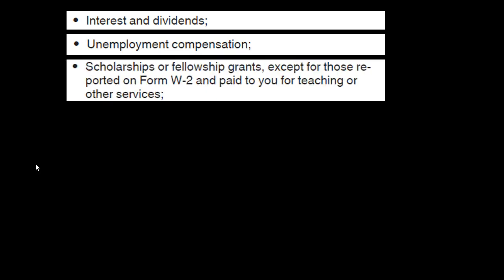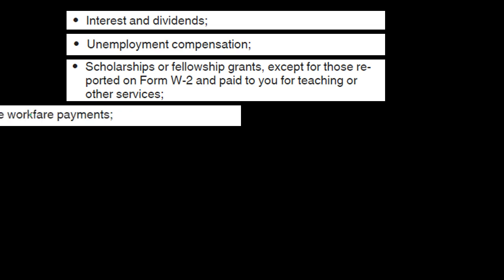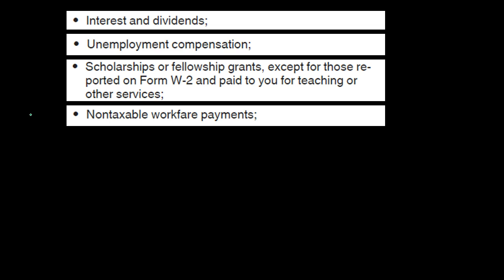Interest and dividends, so like the passive income, not included, because it's not earned income, it's passive. Unemployment compensation, so not included. Scholarship and fellowship grants, except for those reported on Form W-2 and paid to you for teaching or other services. So usually grants aren't for work that's being done, so they wouldn't be included unless it was for work being done, in which case it would be reported on W-2 as with normal compensation.